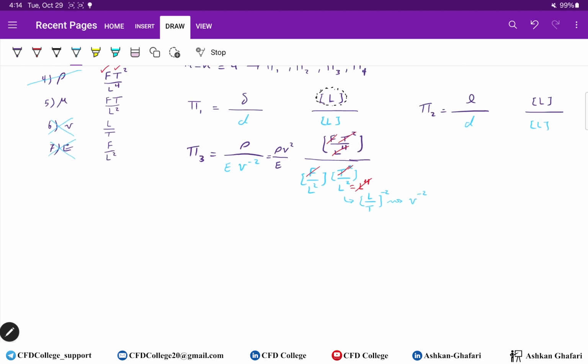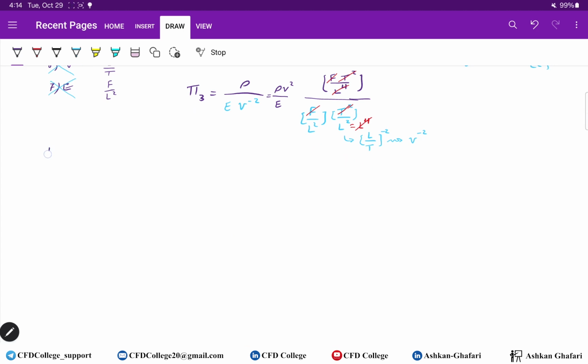Okay, rho is gone. The last one is mu. Let's write it here. Pi 4 equals mu, and here we have the units. The unit for mu is F T over L square. So we start with F. So F over L square means we need E here. And now F is gone.